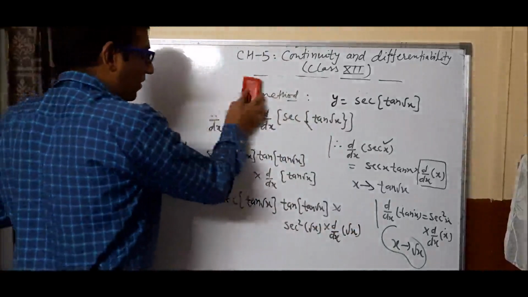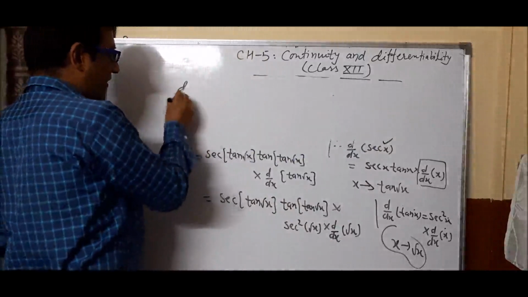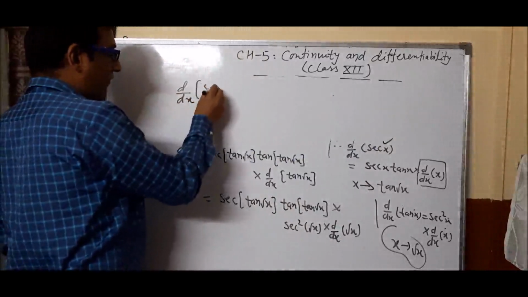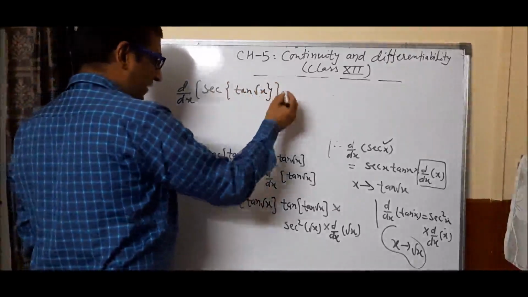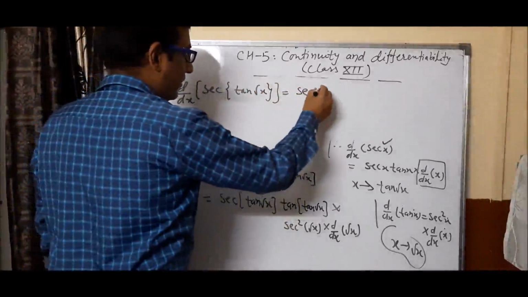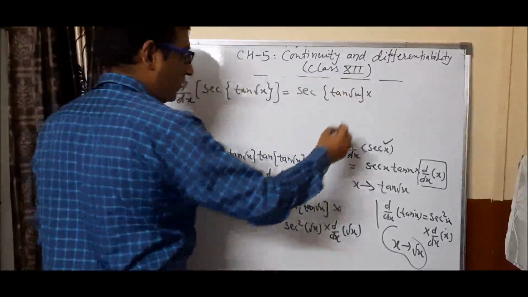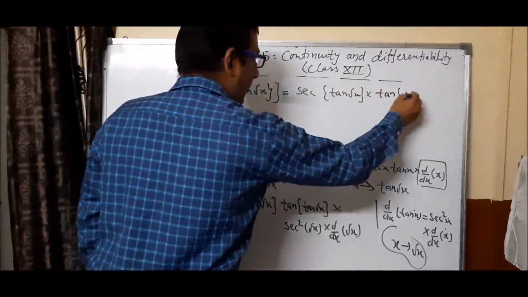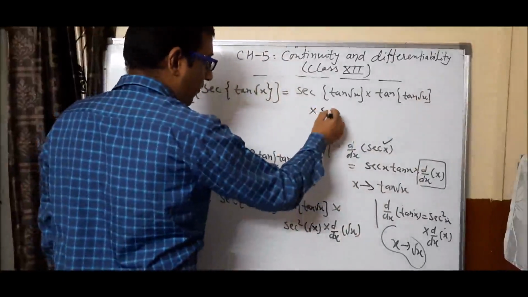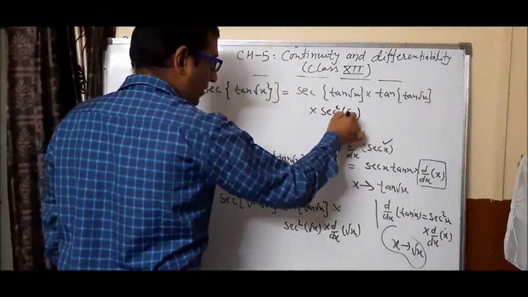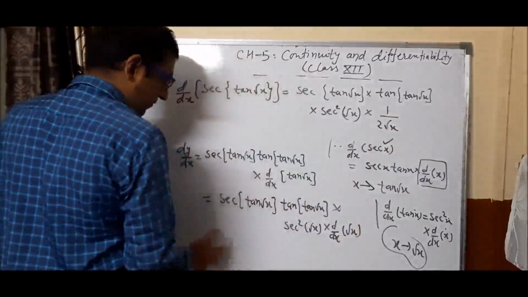When we continue with this step, d by dx of the given function can be written as sec tan root x into tan root x into sec square root x as it is, into d by dx of root x, which is 1 upon 2 root x.